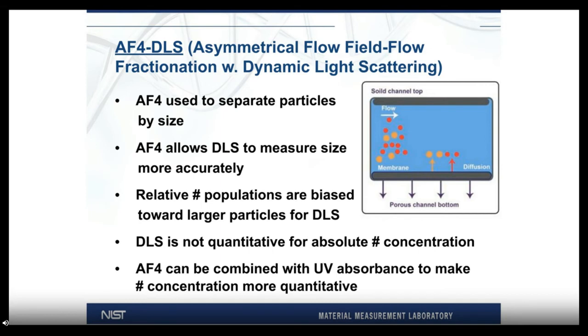DLS is also not quantitative for absolute number concentration. But AF4 can be combined with other detection techniques such as UV absorbance and multi-angle scattering to make number concentration more quantitative. So we're working on that.